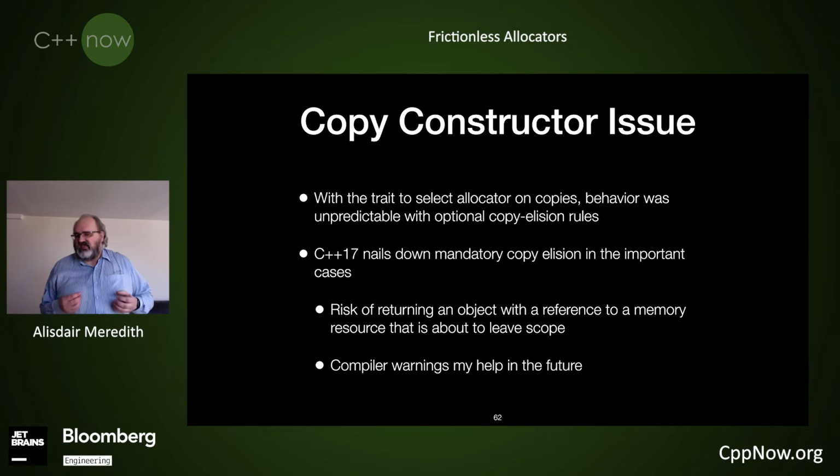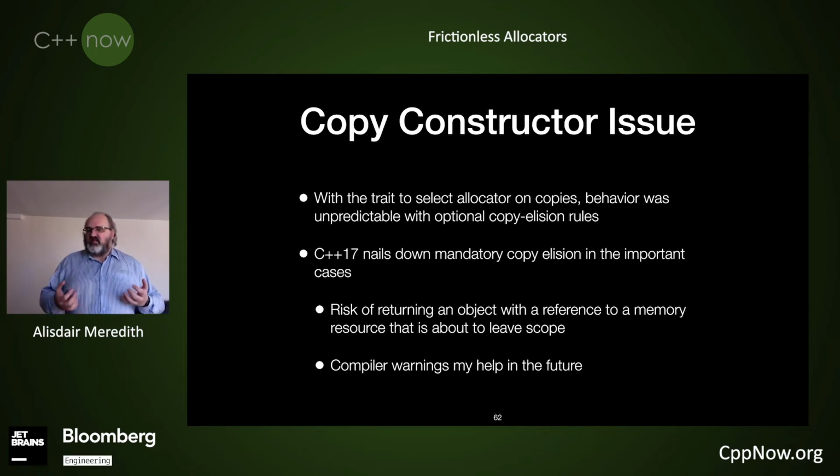Copy construction is another one of those cases where intuition and experience lead in different directions. It's intuitive that if I'm copying an object and I've not told you which constructor to use, well, there's a perfectly good one in the thing I'm copying from. Where else am I going to find one? I would expect to just copy the allocator. That's the default behavior of allocator traits.